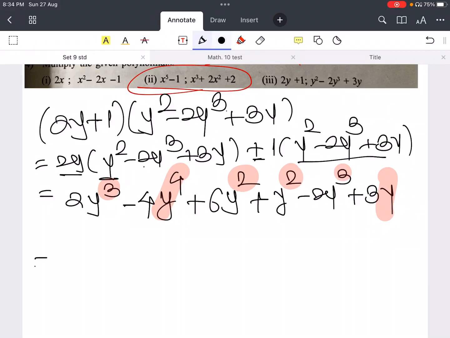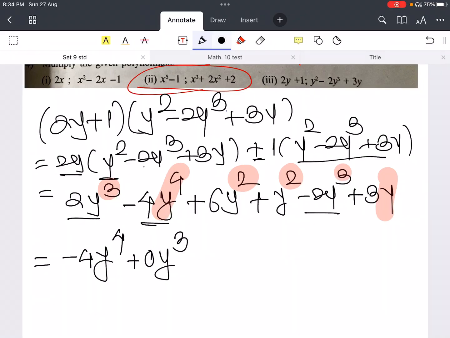So we have to write the last equation in index form, or decreasing order of their power. The highest power is y raised to 4, so minus 4y raised to 4. Next one, 2y cube minus 2y cube, obviously 0y cube.